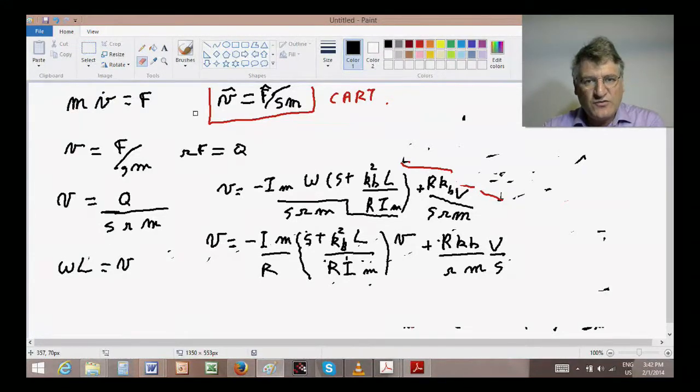What this leads us to changing is, first of all, this term, which becomes L. Oh, and then we have the inductance of the motor. Okay, there goes another problem.